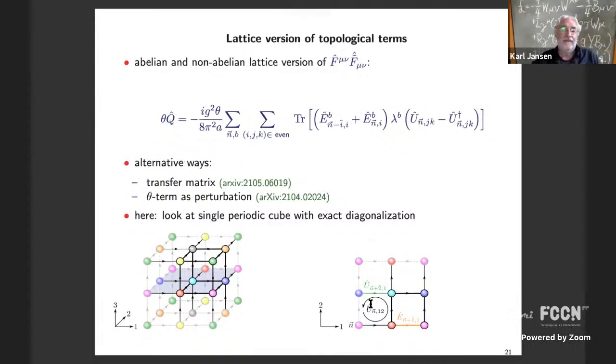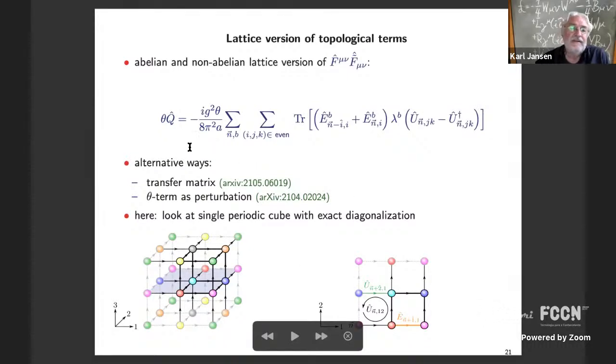And then we implemented this. This is, if you want, the topological charge operator with the theta parameter here. You see this is a combination of the electric field operator and the link operator, and we have derived this in the paper. There are alternative ways to derive this, for example from the transfer matrix, which we also put into the paper, and the theta term as a perturbation.